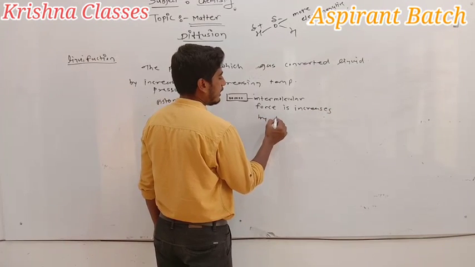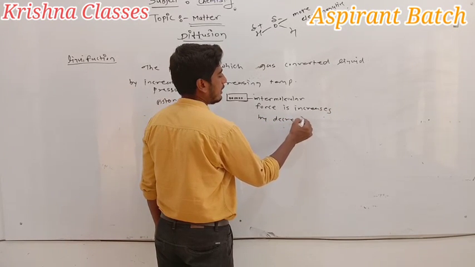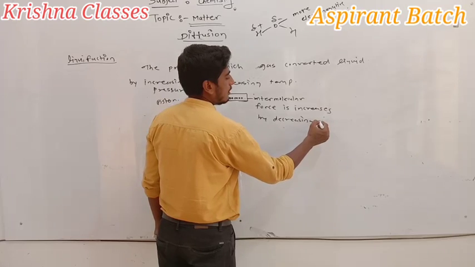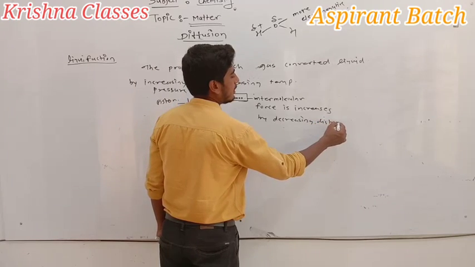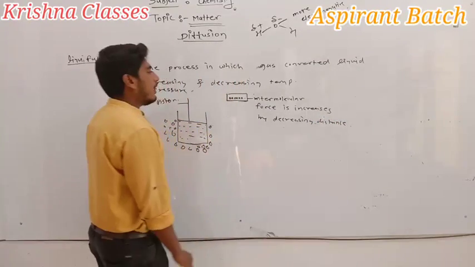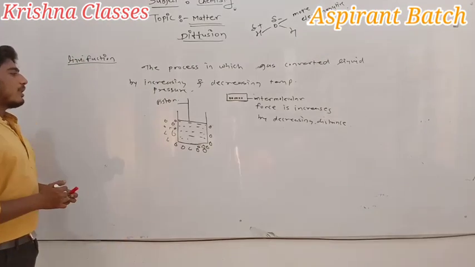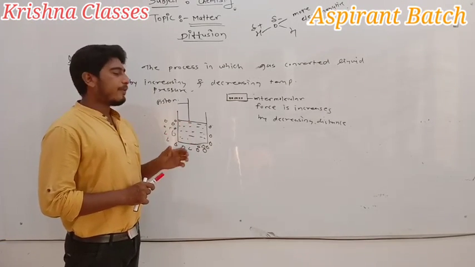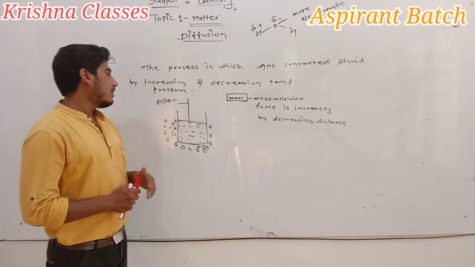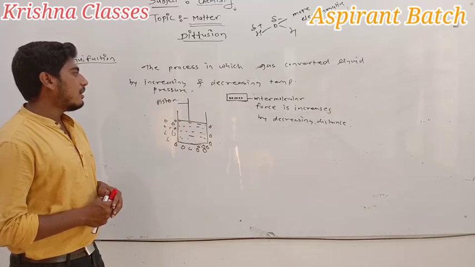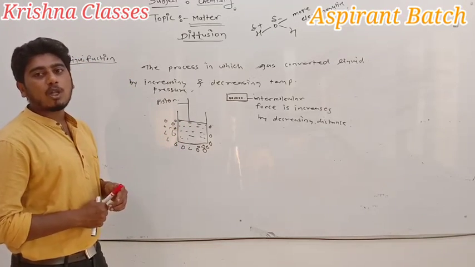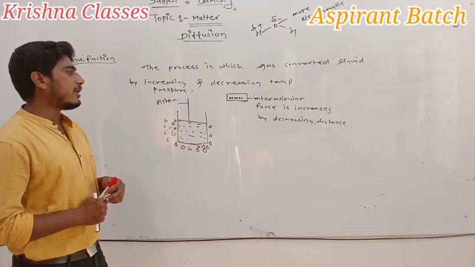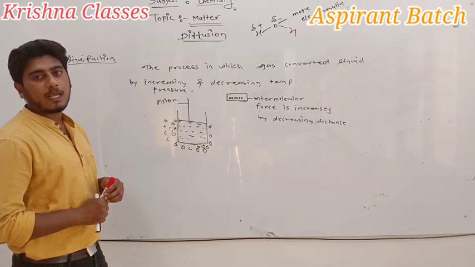The intermolecular force increases by decreasing the distance between the particles. In the gaseous state, the distance between the particles is more. They are present far apart from each other, so there is a small amount of intermolecular force of attraction between the particles of gases.